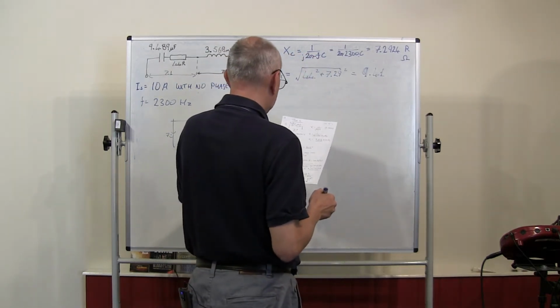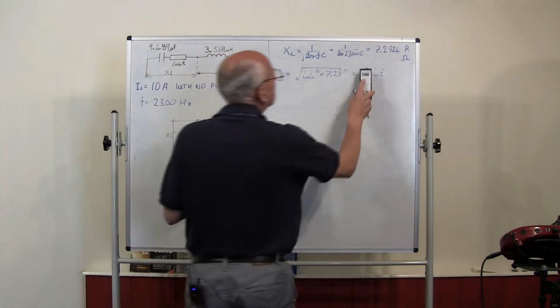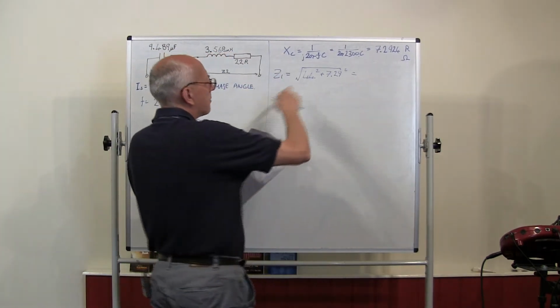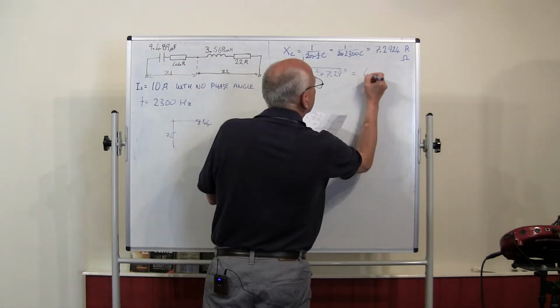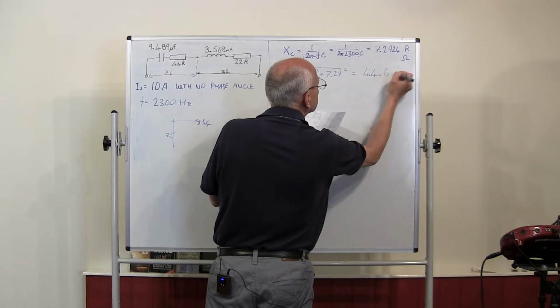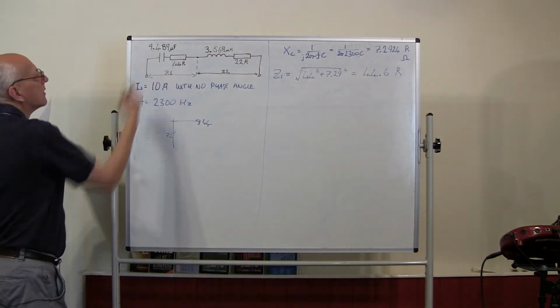No, it doesn't. I don't know where I got that from. That gives me 44.6. You can tell that's wrong because it's going to be greater than 44. 44.6 ohms. Okay, so that's the impedance of that part of the circuit.